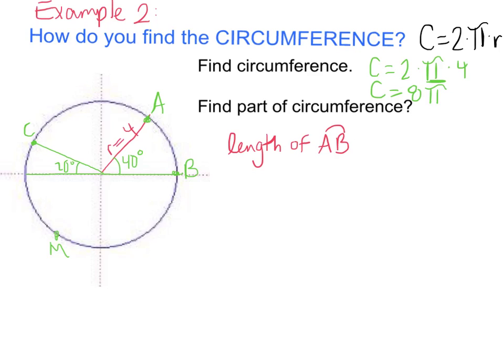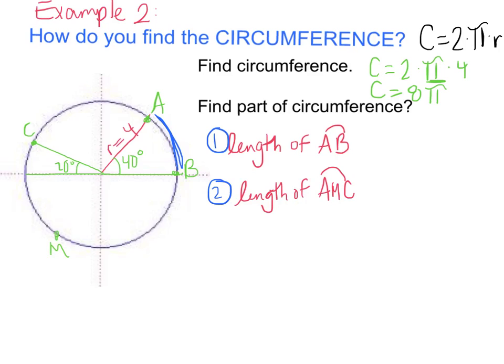So can you find how far it is from here to here. I'm going to call this question 1. And then my second question, let me change back to red, is can you find the length of major arc AMC? Okay?